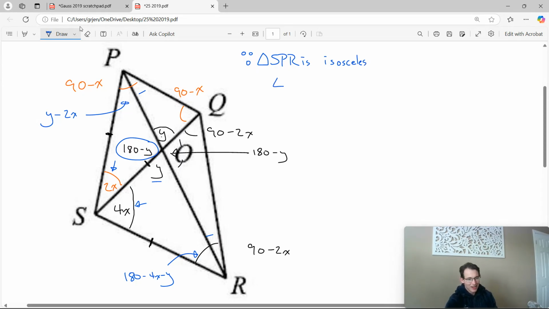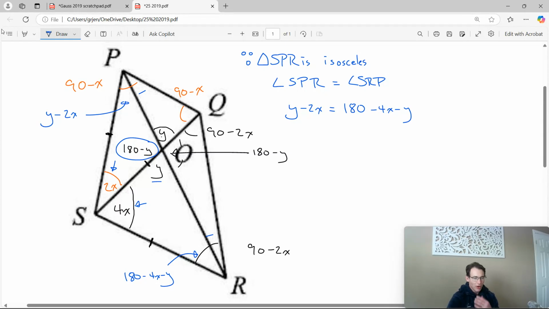Okay, then angle SPR equals angle SRP. Okay, those angles are the same, so we write them in. y minus 2x equals 180 minus 4x minus y.